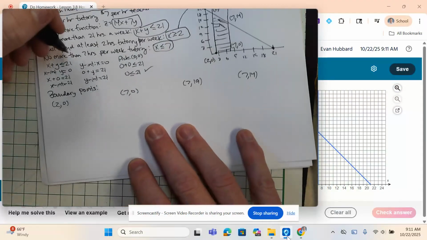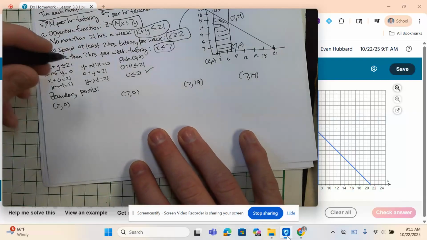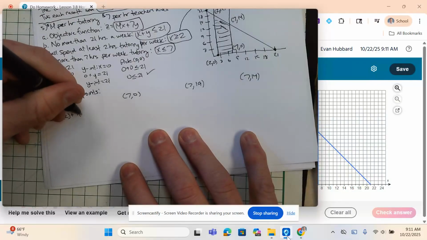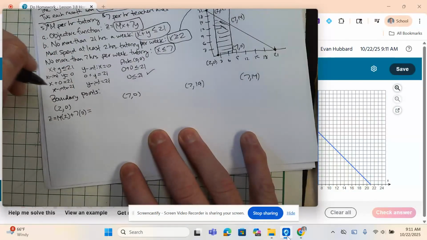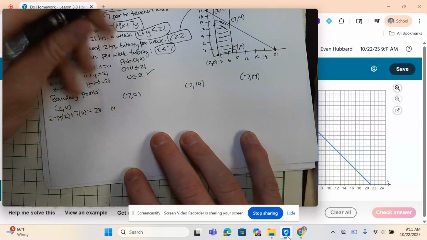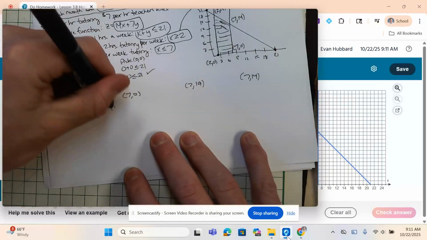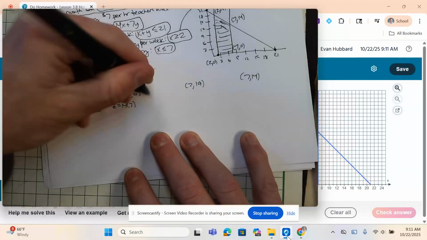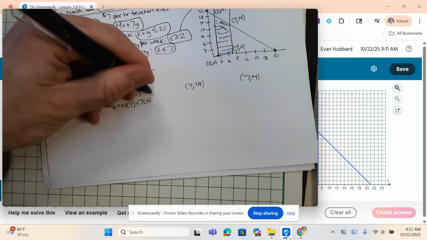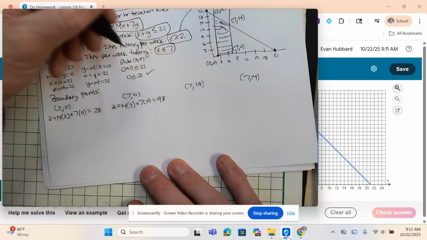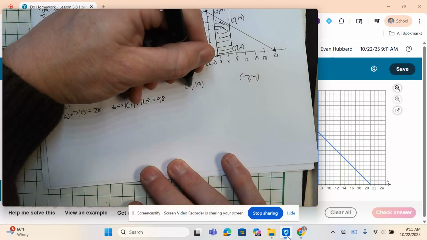The equation is Z equals 14x plus 7y. So 14 times 2 is 28 plus 0, so it'll be 28. Z equals 14 times 7, plus 7 times 0, which is 98.